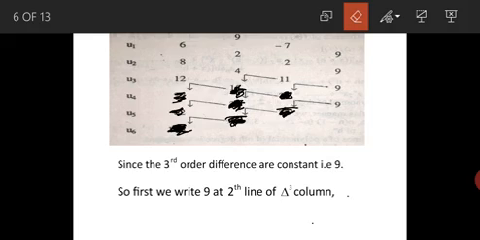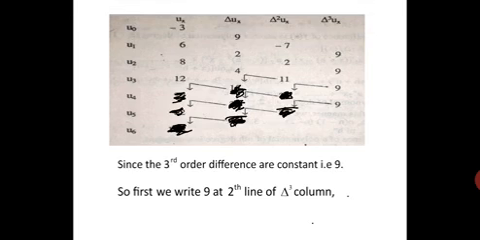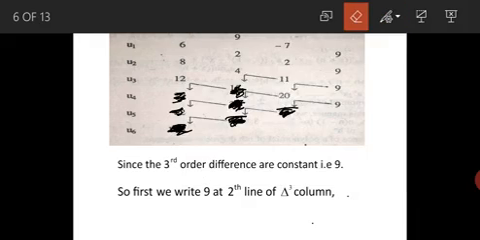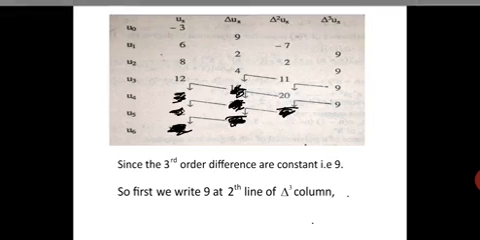Now next, similarly, 11 plus 9, this value, 11 plus 9, I will get this value. Fine. So 11 plus 9 is 20. I know that. So I will write 20 here. I wrote 20, right.